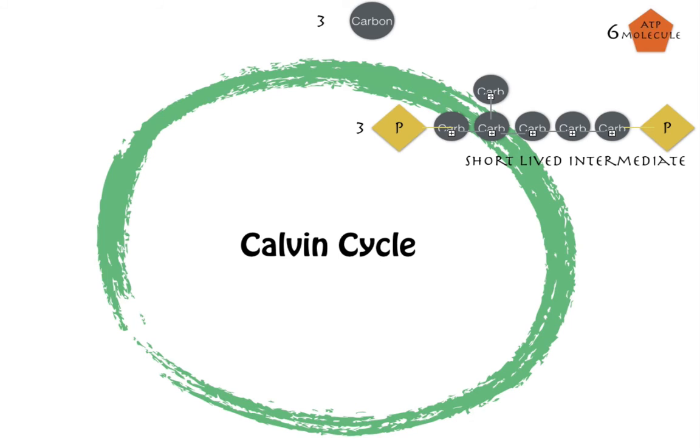So that ATP molecule, that adenosine triphosphate molecule, is very unstable, okay? And it has the energy from the sun, and now it's going to bring it into the Calvin cycle, okay?